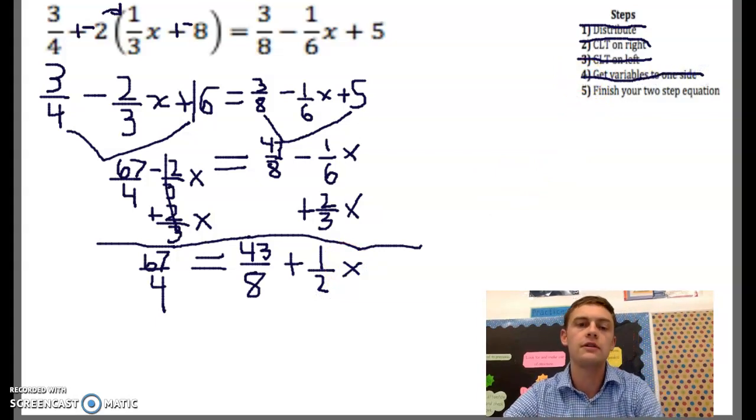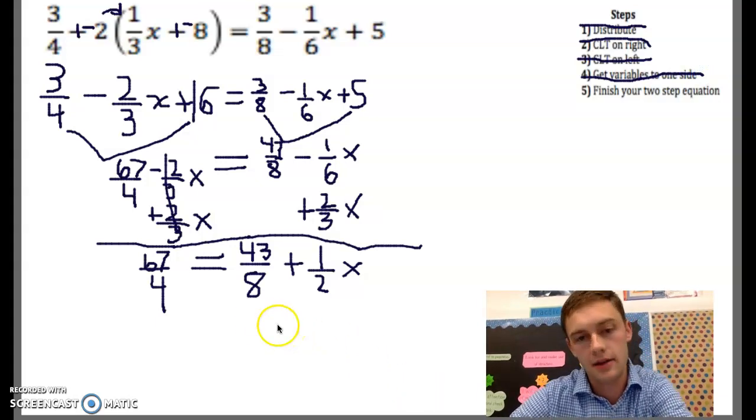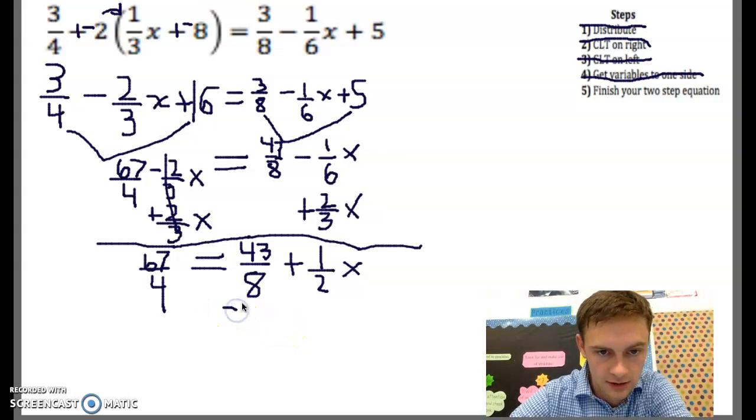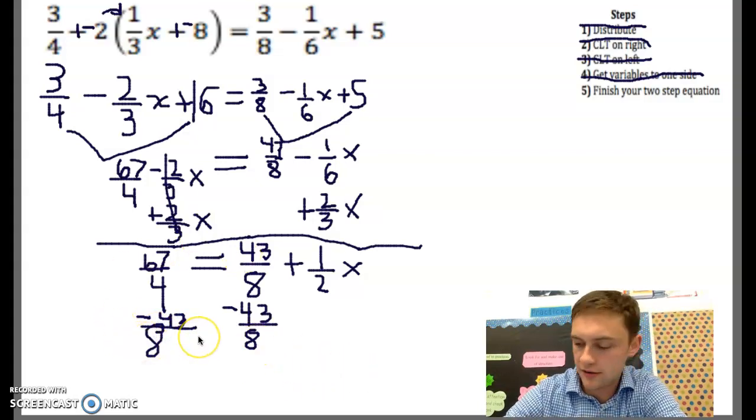And all you have left to do is a two-step equation. Go ahead and finish that by subtracting 43/8 from both sides. I know it's a fraction, but just treat it like a number. You get your answer there.